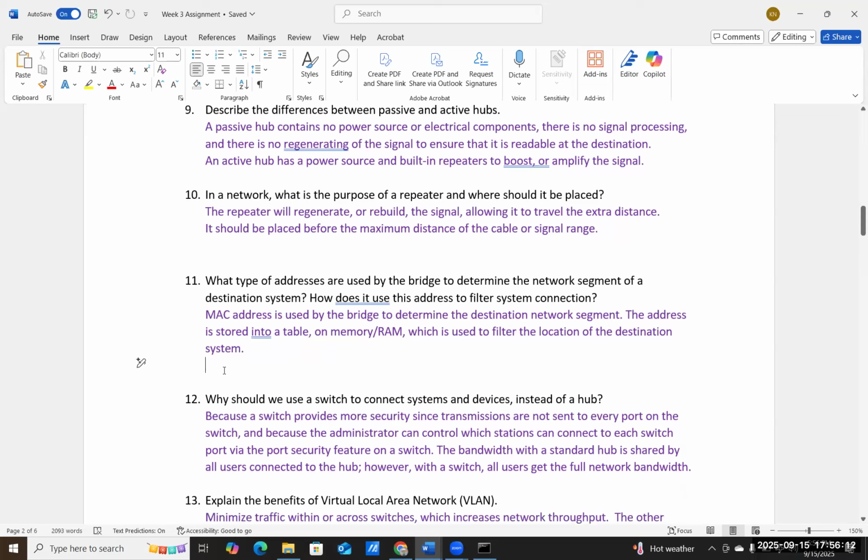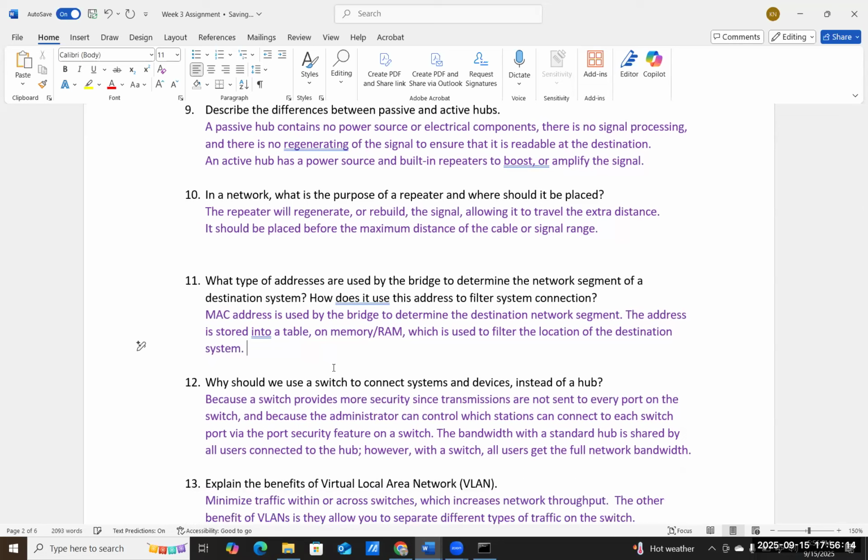So why should we use a switch to connect the systems instead of a hub? Because a switch is going to give you more reliability in transmission. In the case that you have data loss or error in transmission, the switch would be able to retransmit.